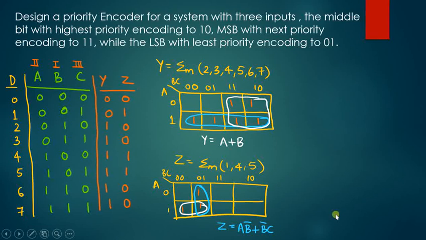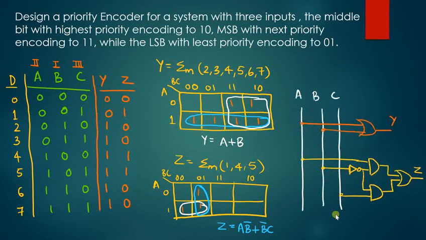Now, in this question, they have just mentioned design a priority encoder. They have not specified whether you have to just stop at obtaining the minimal sum expression. So when you say design the priority encoder, you may proceed by drawing the logic diagram also.